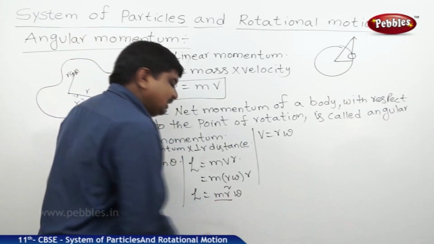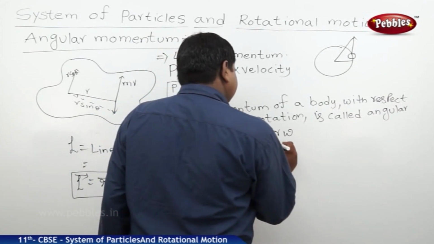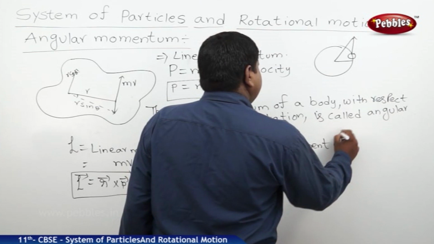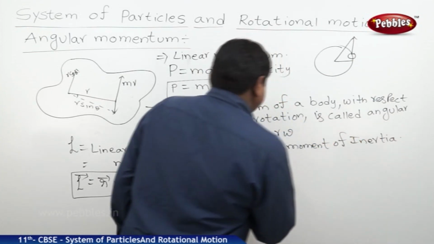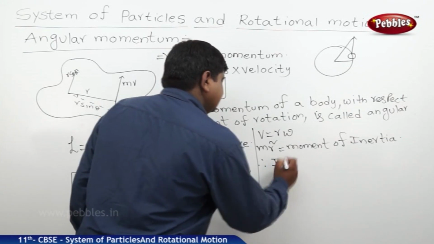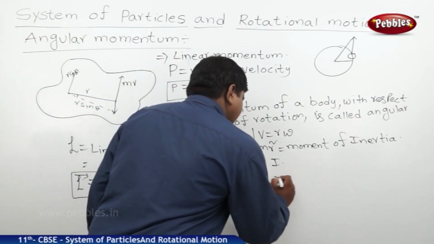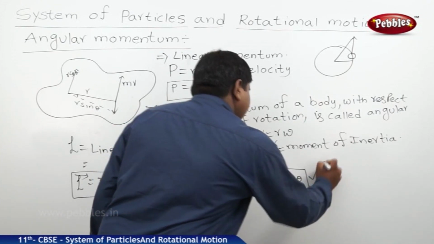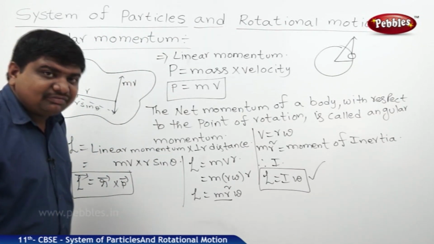This mr square is nothing but moment of inertia. Therefore it is represented by a symbol capital I. Therefore L is also called I omega.